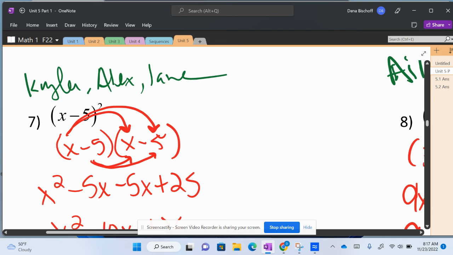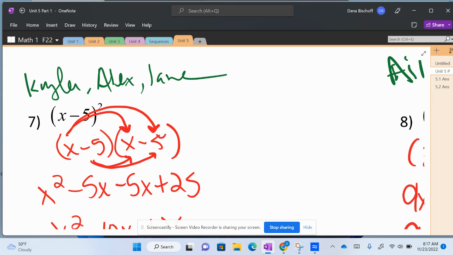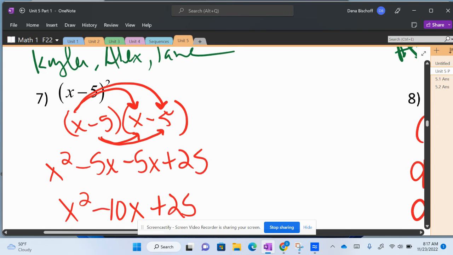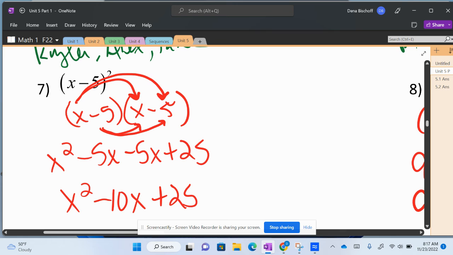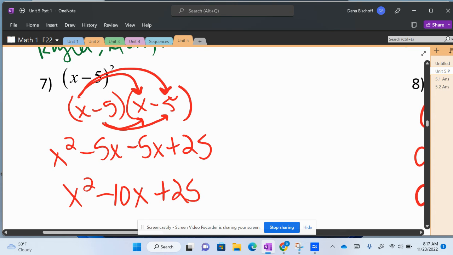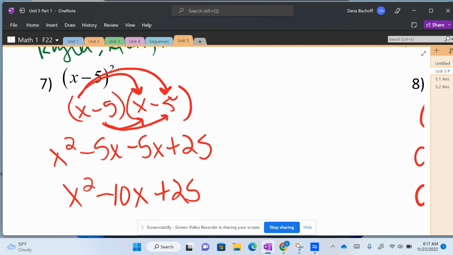So when I do that, I get x squared minus 5x minus 5x plus 25, because a negative times a negative is a positive. So my final answer is x squared minus 10x plus 25. Because when you square a binomial, you're repeating the multiplication, a binomial times a binomial. Does that make sense?